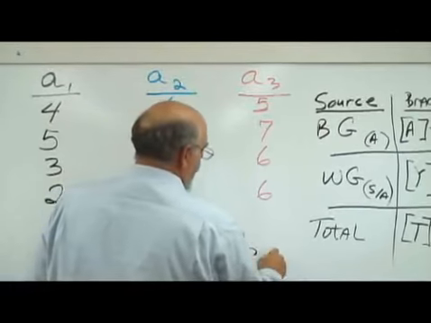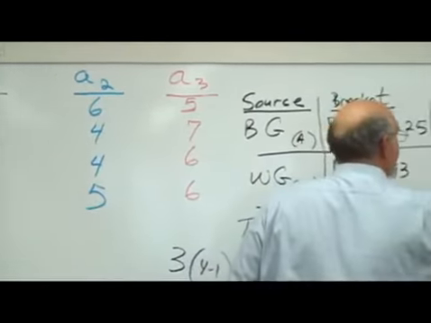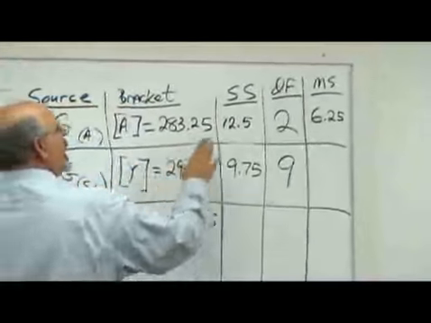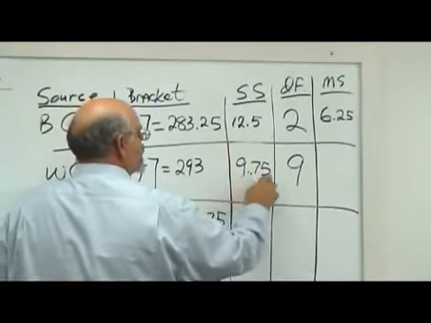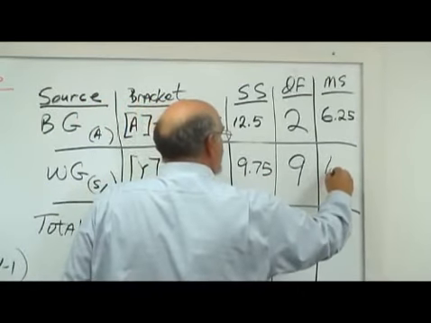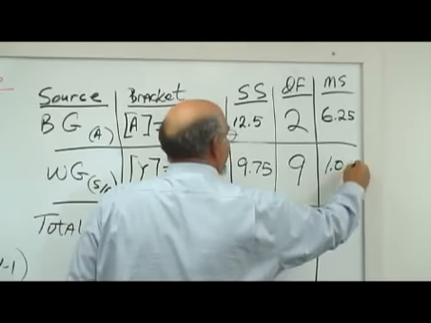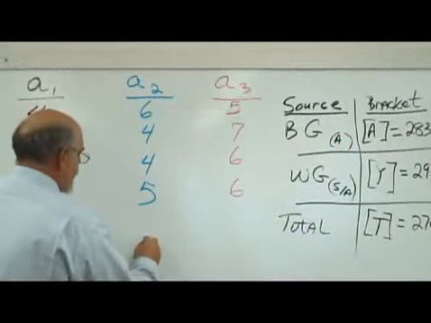So it's times 4 minus 1 is 3, times 3. That's 9. And then the mean square of this is the sum of squares divided by the degrees of freedom. And that comes out to be 1.08 roughly.